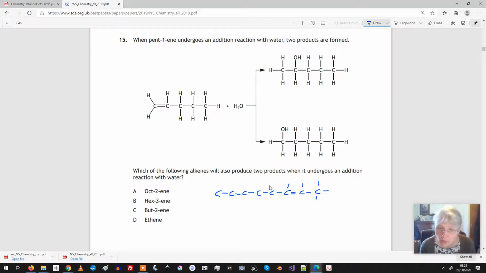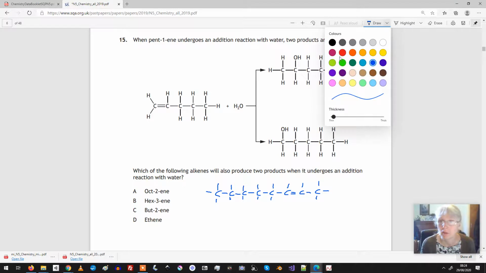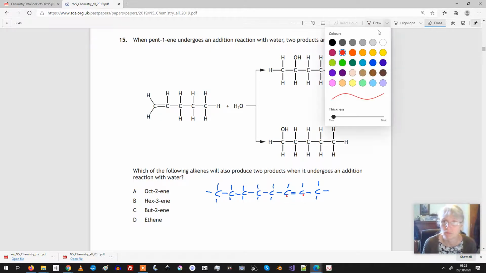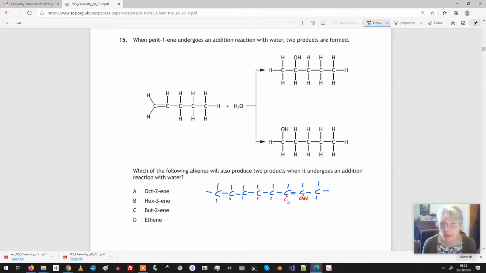Let's put in the hydrogens. So water could add itself on here, you could have an OH added on here and an H added on here, or you could have an OH added on here and an H added on here.